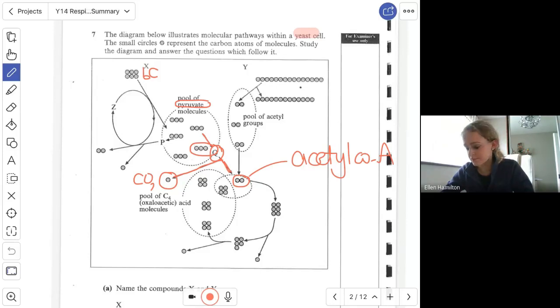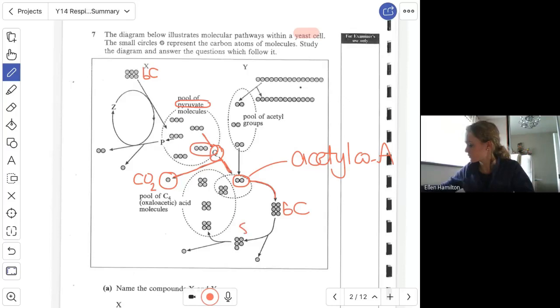If we go to the acetyl coenzyme A molecule that I've just circled, it's going through this process here and it's making a 6-carbon and then a 5-carbon and then a 4-carbon molecule. And that 4-carbon, there's a pool of these 4-carbon molecules, and it's obviously joining with the 2. So hopefully you've worked out that this is the Krebs cycle down here.